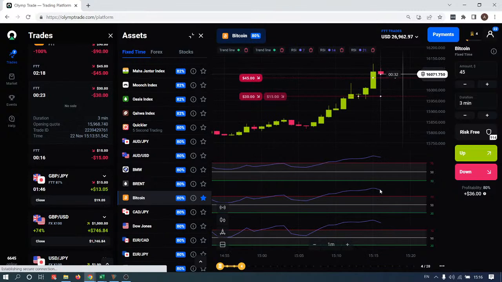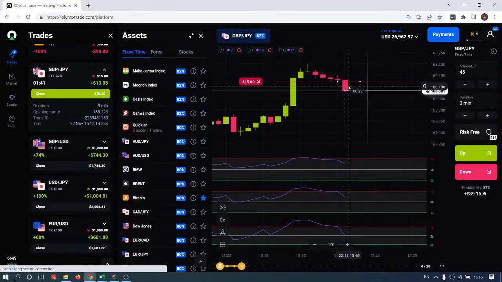So that is also possible, and also if you use this in your trading practice as well.